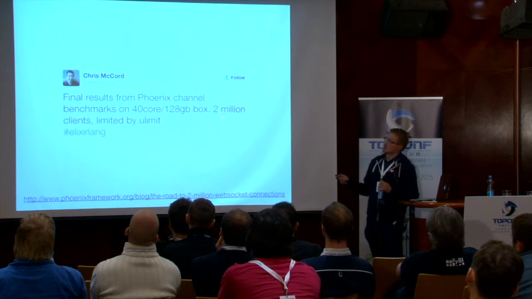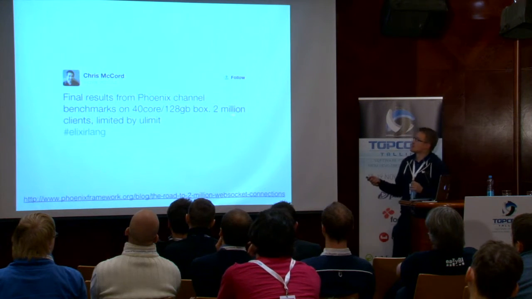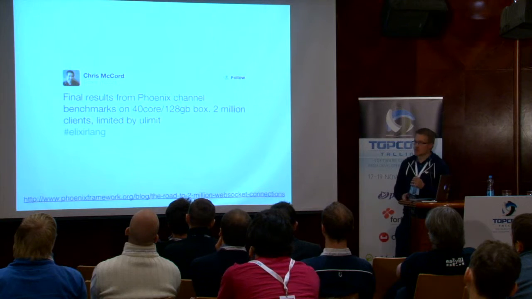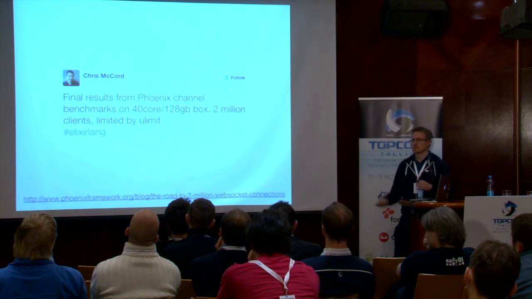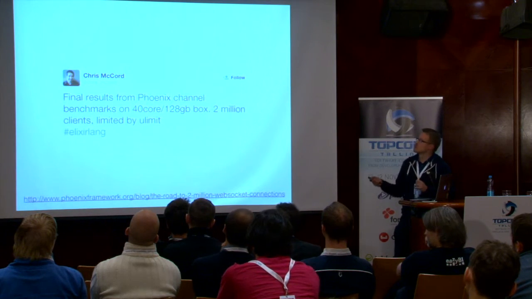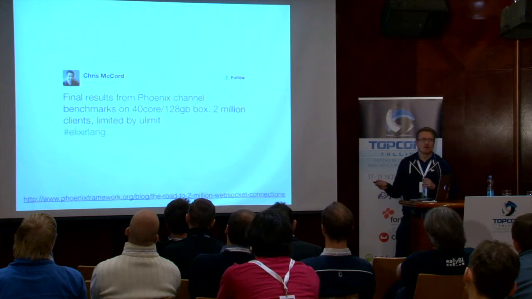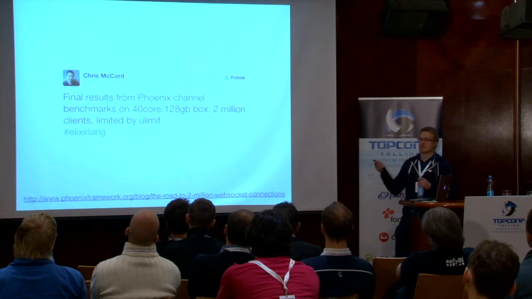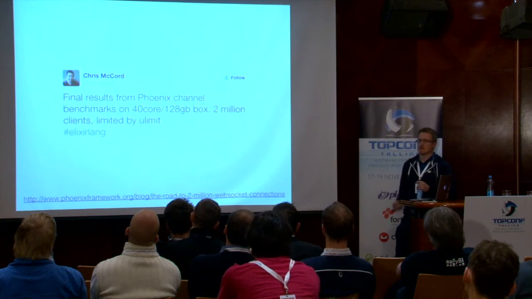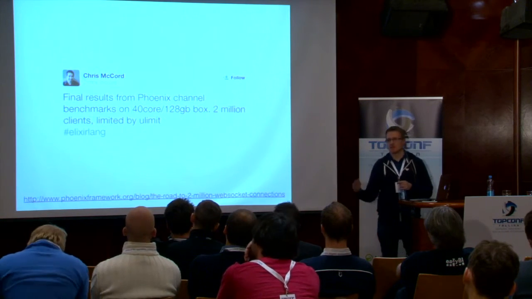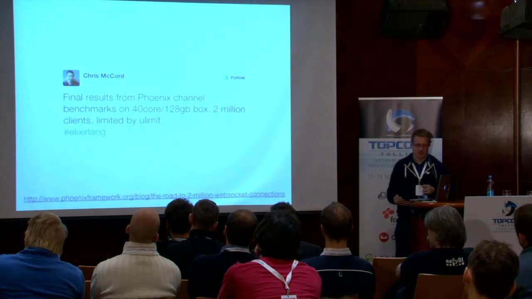Still, really impressive. Those are connected sockets, and you are able to push data to them. So 2 million on a single box. They were actually using something like 45 machines to create load for this one single Phoenix box, because it's quite difficult to create client connections.